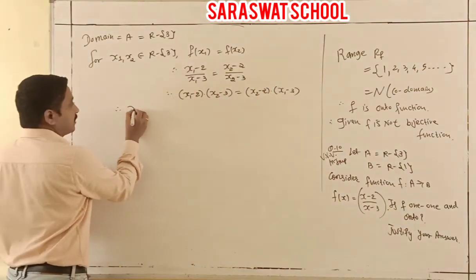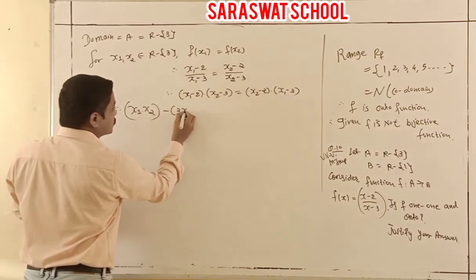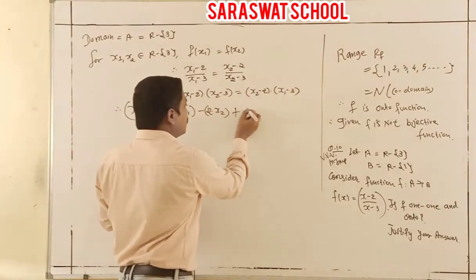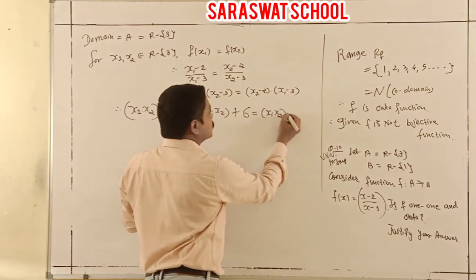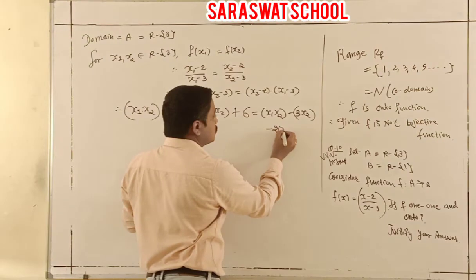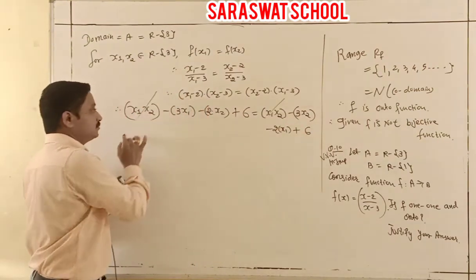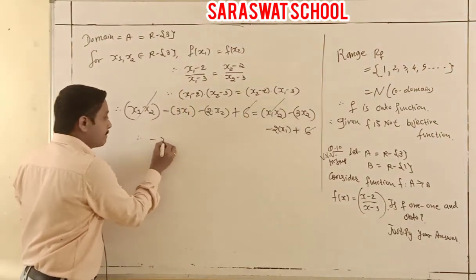So you are getting x1x2 minus 3x1 minus 2x2 plus 6 is the same as x1x2 minus 3x2 minus 2x1 plus 6. This cancels x1x2, also 6 cancels. So what remains?